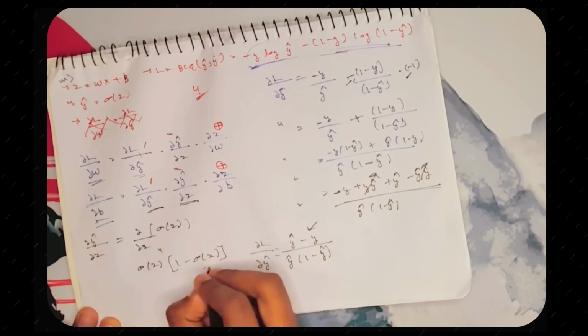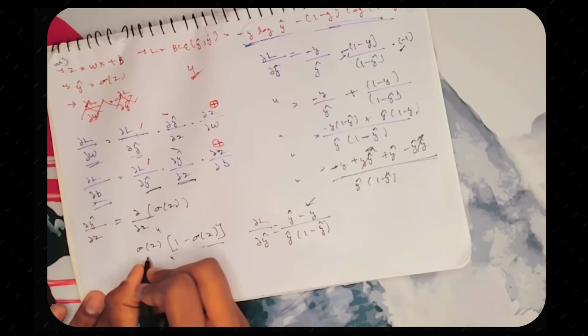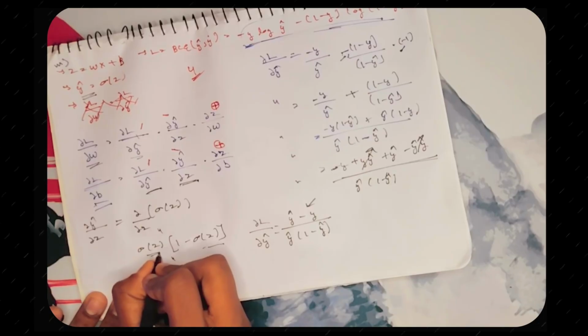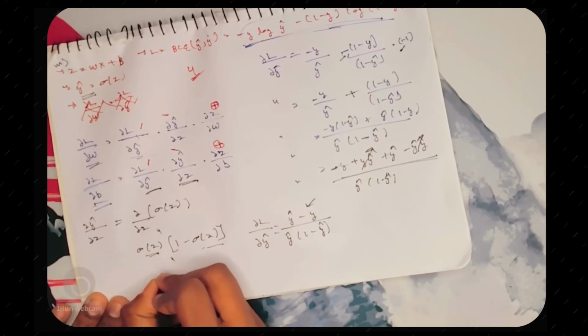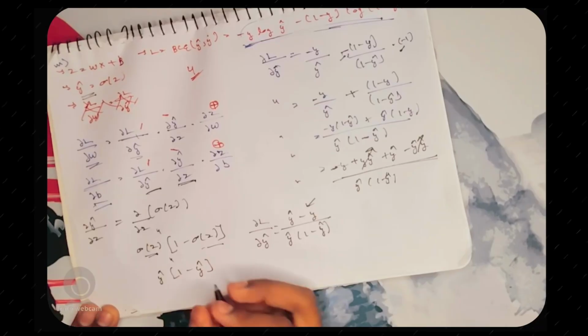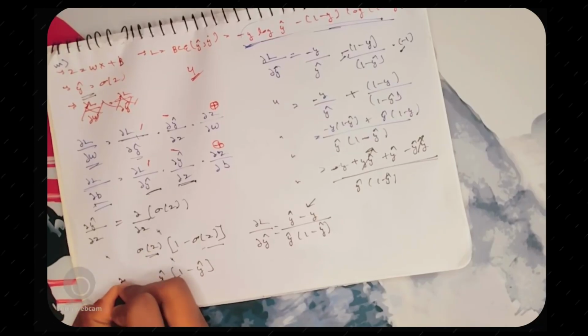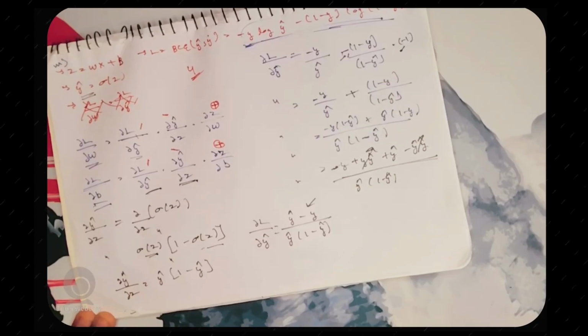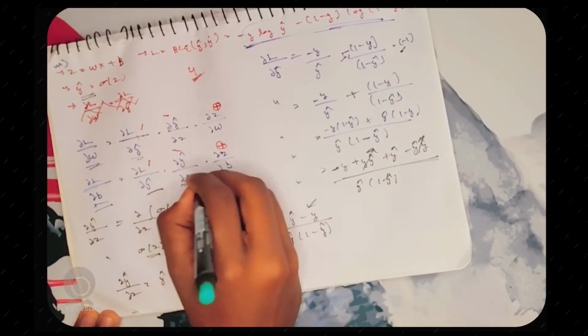So this is the general formula. And if you further put y hat in place of sigmoid of z, we'll get y hat times 1 minus y hat. So what is this? This is my derivative of y hat with respect to z. So we also calculated this.